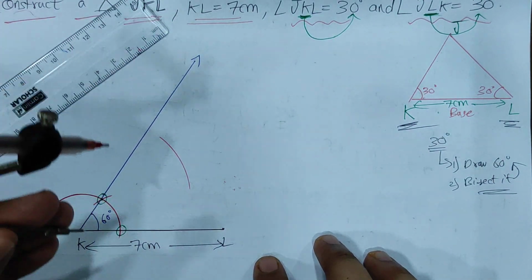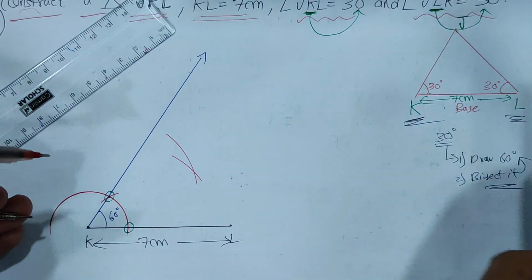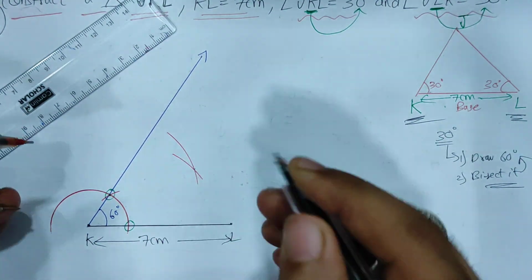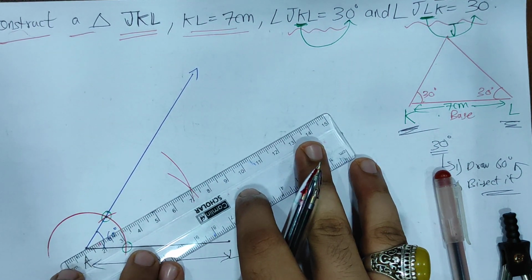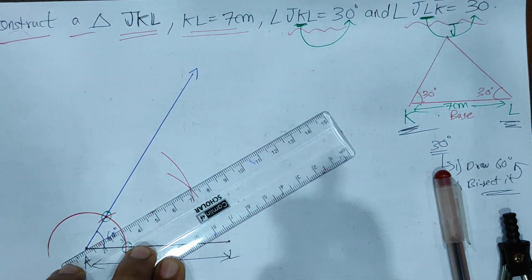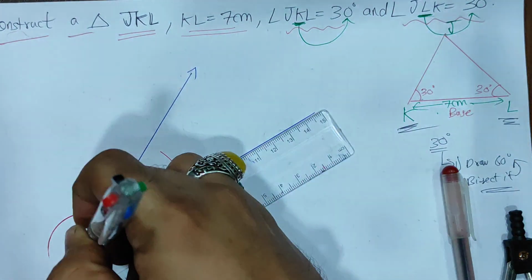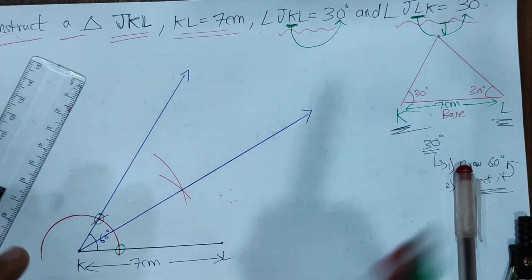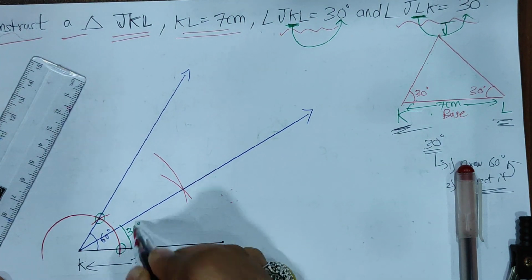Okay, without changing the radius, keeping at this point an arc over here. Okay, darken or highlight this point and now connect it with the K. So here we are bisecting this angle. I am bisecting this angle of 60 degree, and this is how much? This what I drew here, it's 30 degree.